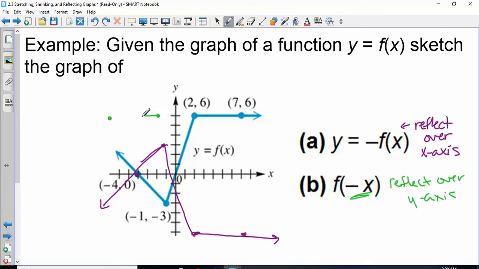So that horizontal line just comes over here. -1, -3 would go to +1, -3. -4, 0. Okay. So same general shape, but it just gets flipped around like that.